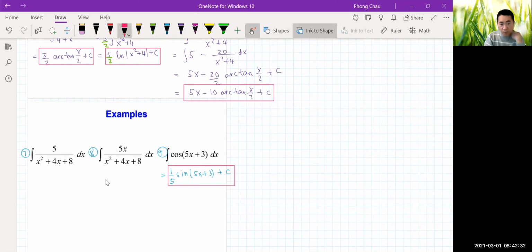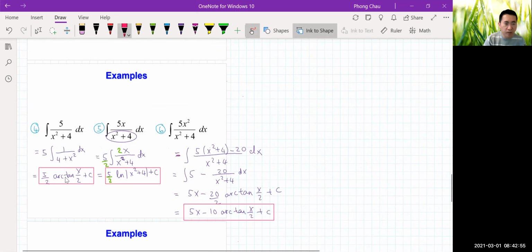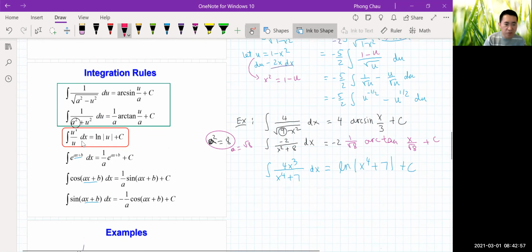Now, these two are a bit harder. In fact, I'm not going to go over these. The reason it's harder is because this one has a polynomial, a trinomial, down here. When you see the square, we attempt to use one of these two.